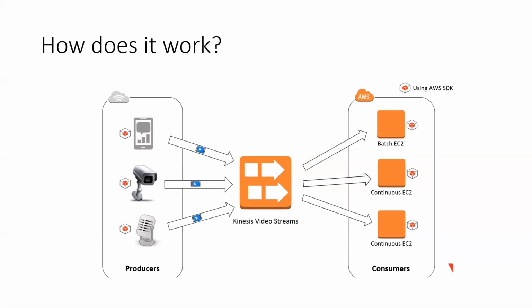These will be your producers, which produce the media files and send them to Kinesis Video Streams. It will ingest the data into Kinesis Video Streams. I talk about the keyword ingest because in the exam you get these keywords in the options when they talk about Kinesis services. Then the consumer will process that data in EC2, in batch or continuously, streaming a particular part and storing it in an EC2 instance.